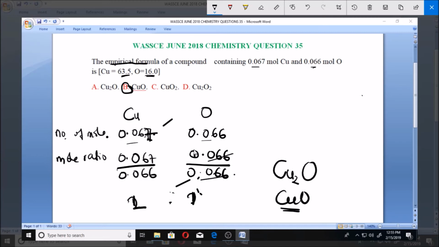You just get the mole ratio by dividing by the smaller of the two moles you're considering, in this case 0.066. If you divide through by 0.066, you're going to have 1 here and 1 here. So this makes B the right answer to this problem.